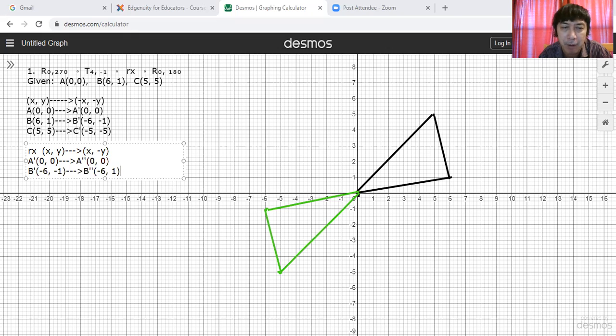After which, we proceed to the C points. The input now is the C prime, coming from the previous, that's -5, -5 there. And then the next will be a C double prime. That -5 and -5 will be changed because the y will change.